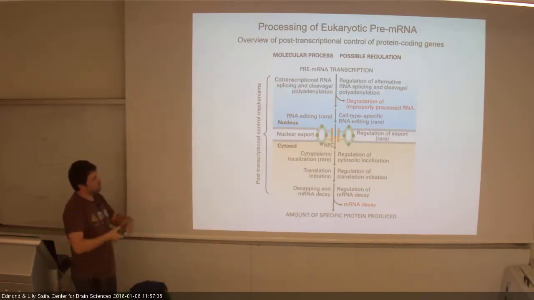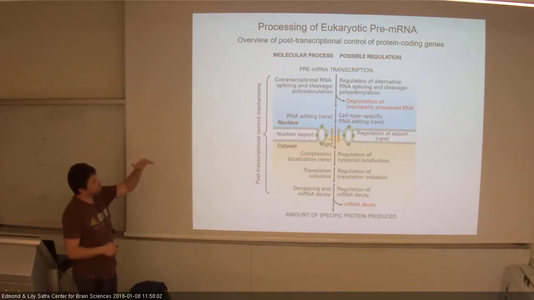It's not random. They don't come out of the nucleus and just search for a close-by ribosome to be translated. They're actually directly localized to specific compartments of the cell. Then the translation is being regulated, and finally, the decay of the mRNA also has regulation.